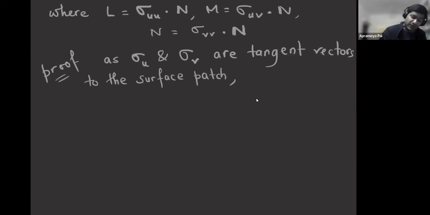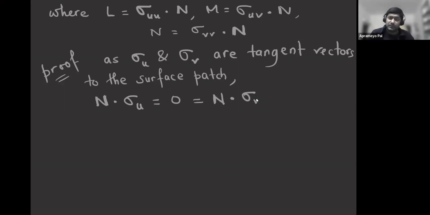So what does this give you? The unit normal N dotted with sigma_u is 0, which is also the same as N dotted with sigma_v. This is by definition, since these are tangents, so they are perpendicular to the unit normal.